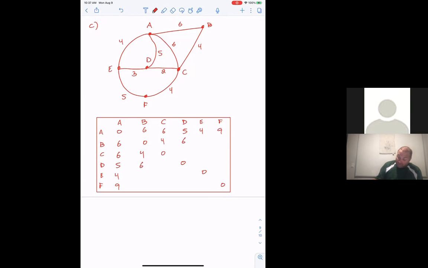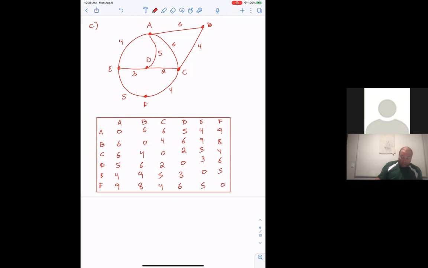B to E, 9. And B to F, 8. C to D, 2. C to E, 5. C to F, 4. D to E, 3. D to F, 6. And E to F would be 5.